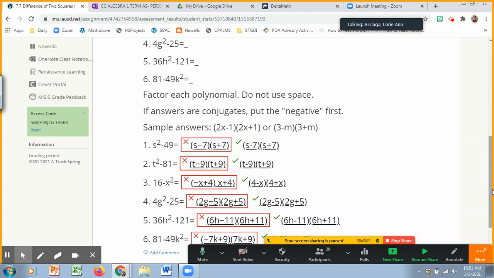In number 3, you put negative x plus 4, but you have to put it 4 minus x, something like that. I'm looking at your answers right now, and they're just switched around. And I wonder why your minus sign looks longer than my minus sign. I'm not sure what symbol you're using. That's why it's marking it wrong.